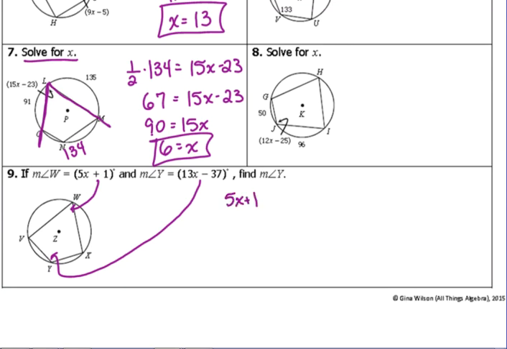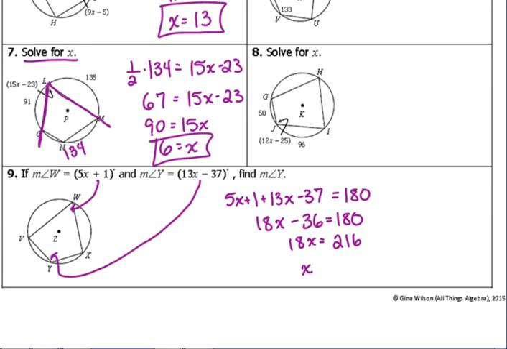When we add them together, they equal 180 degrees. So we've got 18x minus 36 is equal to 180. So 18x is equal to 216. So x is equal to 12.